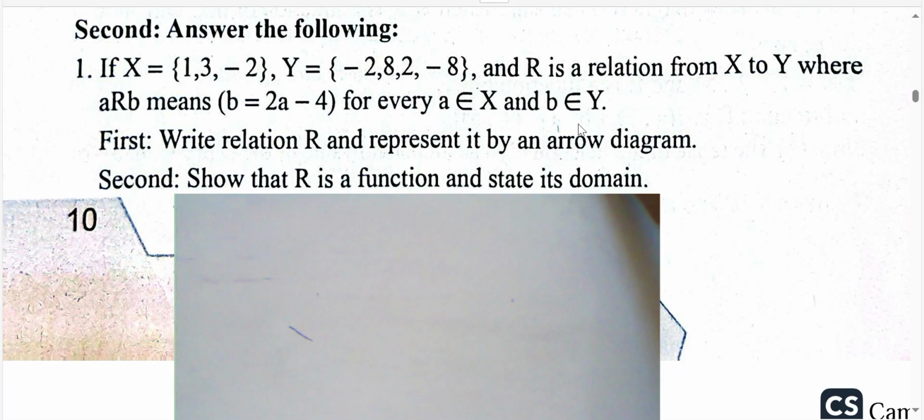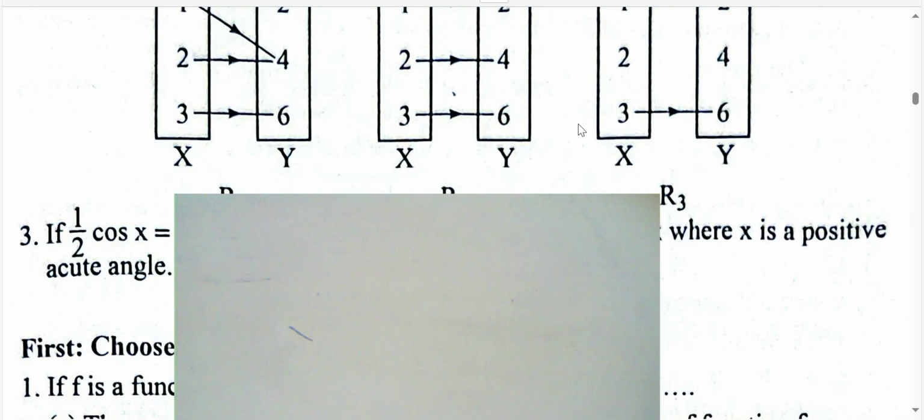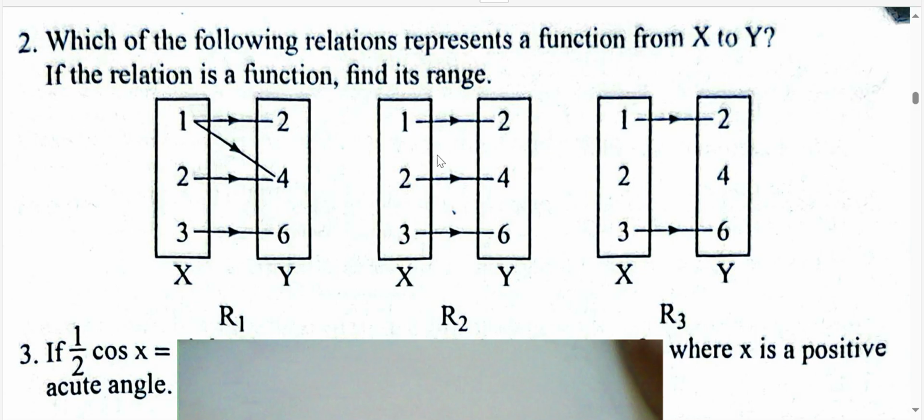Next question. Look with me. Next question here. Number 2, which of the following relations represents a function from X to Y? If the relation is a function, find its range. Okay, first, not a function, because one element has two images.